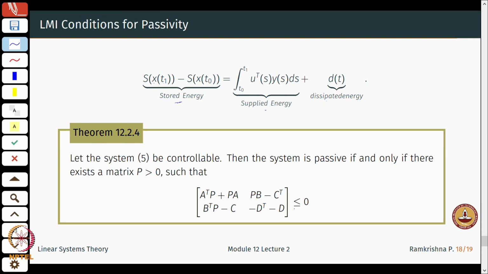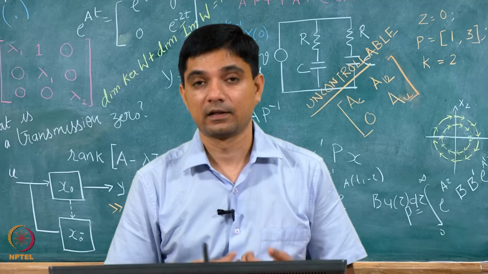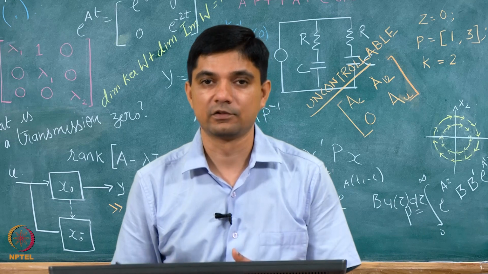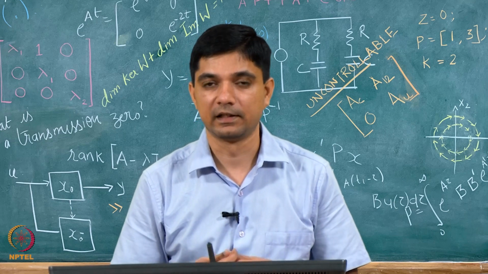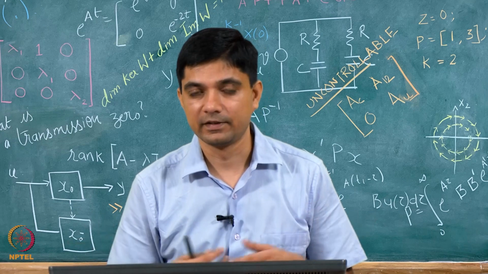So to check whether or not a system is passive, I just plug in this inequality. And of course, there is a bunch of literature on what we can do with passivity, how passivity relates to stability, and things like passivity based control.